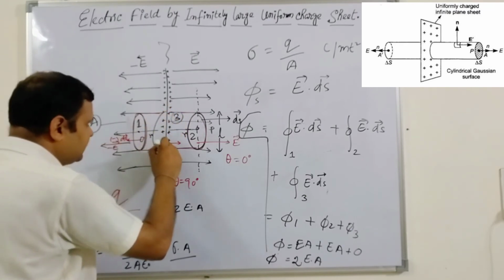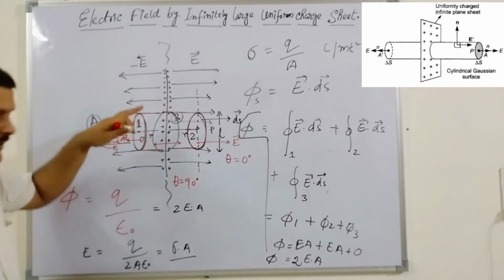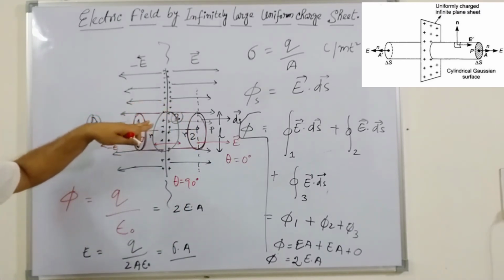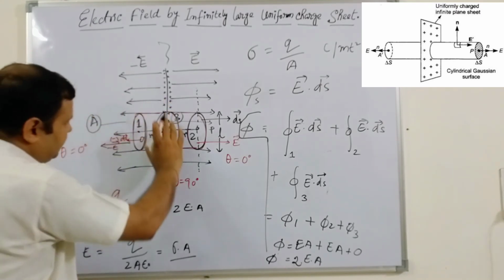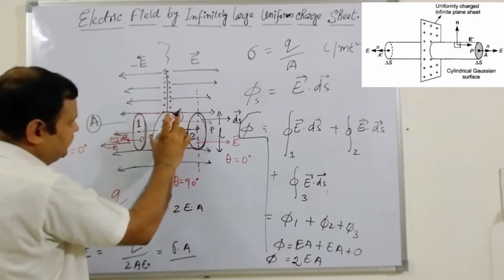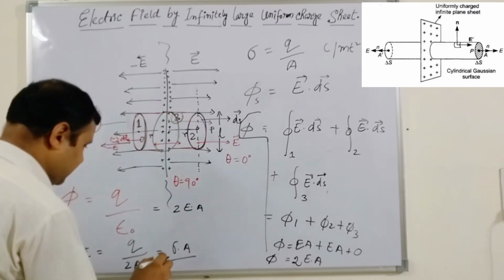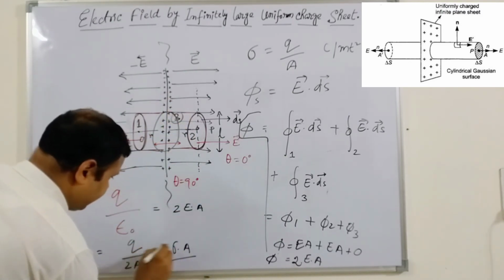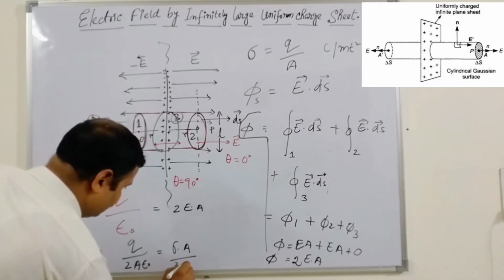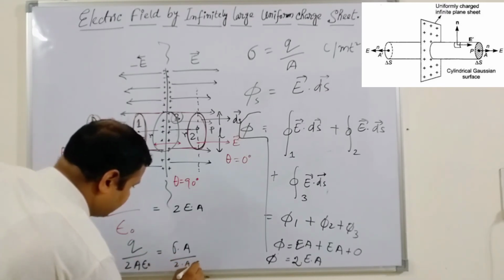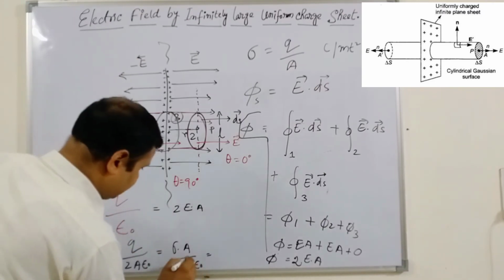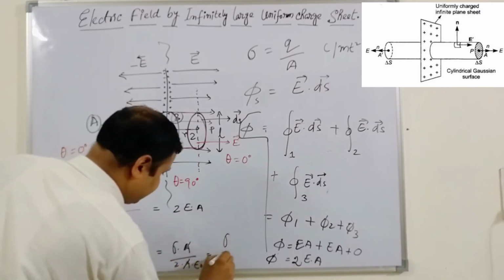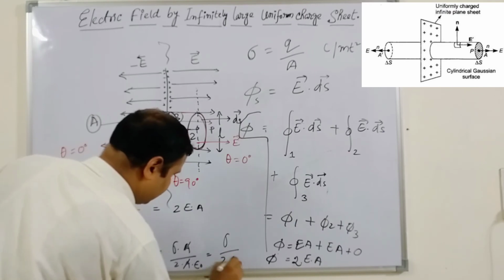This is the quantization of charge you read about. It is uniformly distributed, so this area will contain some charge. So Q equals sigma A, over 2A epsilon naught. A cancels, and this is nothing but sigma by 2 epsilon naught.